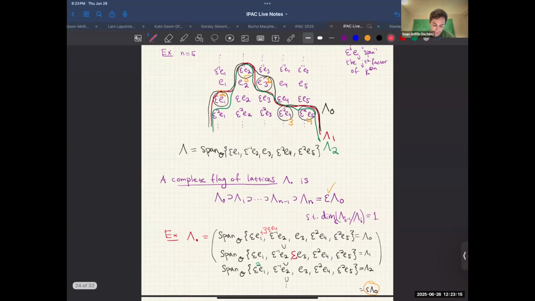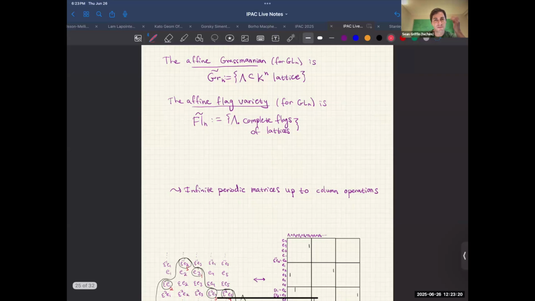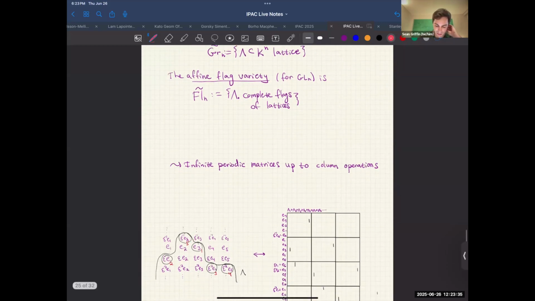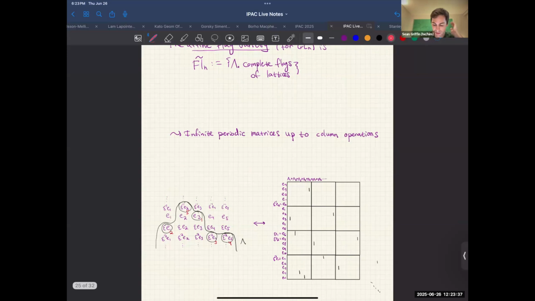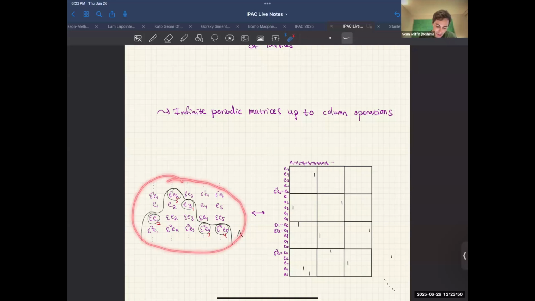So maybe the next comment will make a little bit more sense. You can encode these with infinite periodic matrices up to some column operations, just like with normal Schubert cells and normal complete flags. So this was the picture that I drew before.